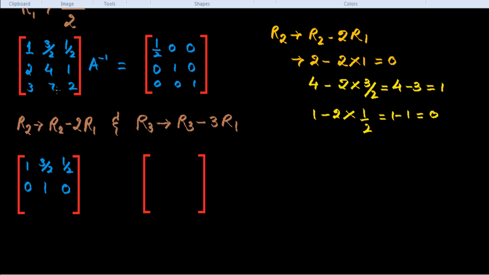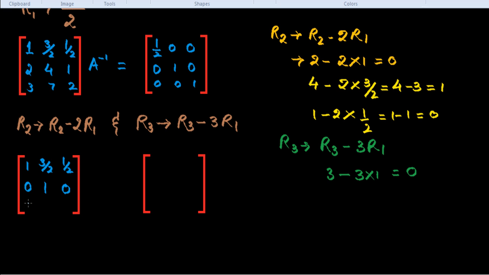Now we have to make this 3 also 0. So we have R3 tends to R3 minus 3R1. For this, we know that R3 is 3 and 3 into R1 is 1, so we get here 0.